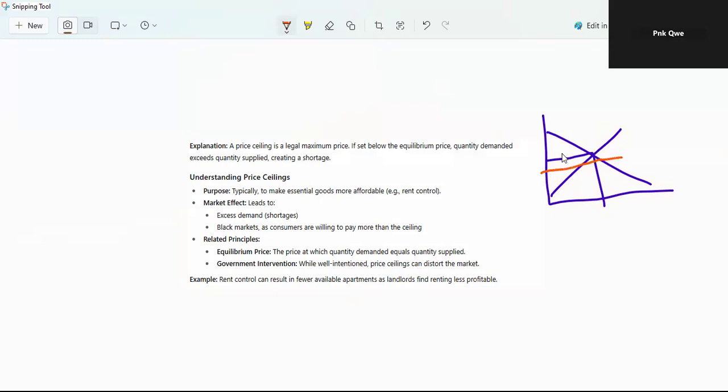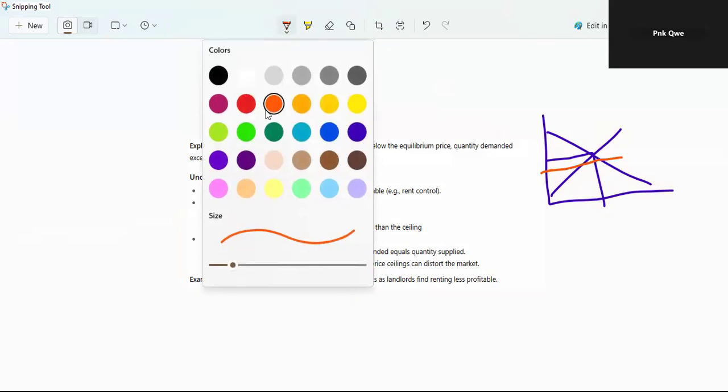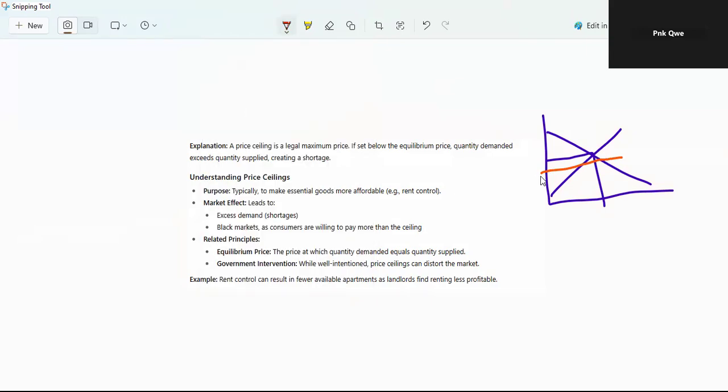So this is the price ceiling, and this is a floor price. The maximum that is set below the equilibrium is a price ceiling, where government would want to make essential goods affordable, like rent control.